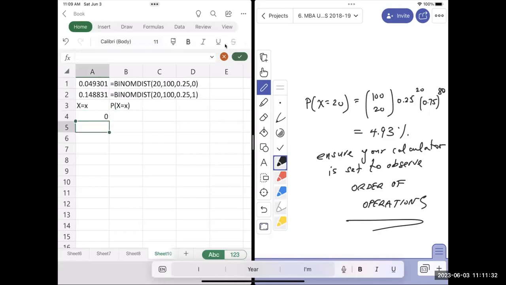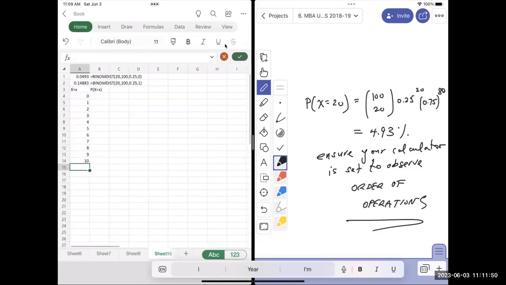I'm going to mess up if you don't remember. Let's start with no successes. So I'm going to go through. Yeah, the cumulative will give you all the successes up to 20, instead of just 20. I'm going to prove it.